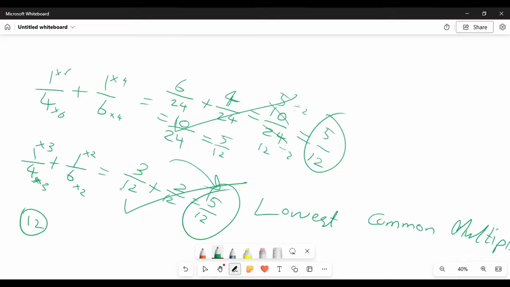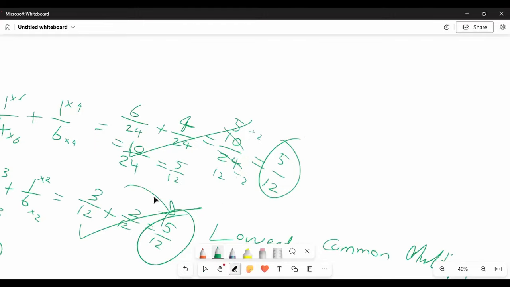You got it? Any questions or any doubts? The reason why we are going with LCM is because we can solve the fractions with small numbers. That is the main advantage.